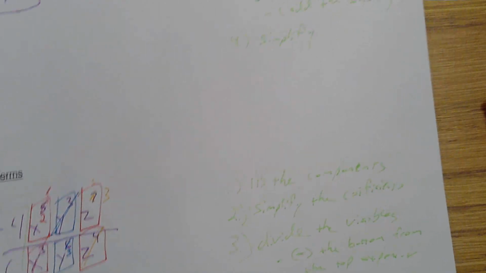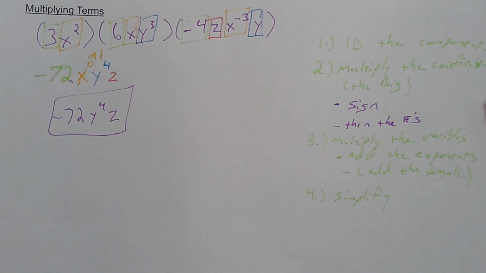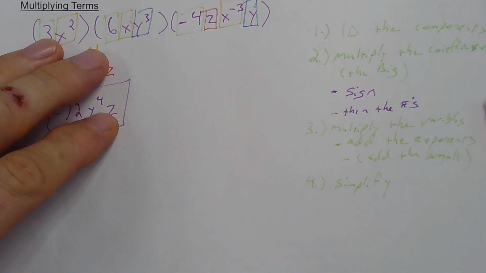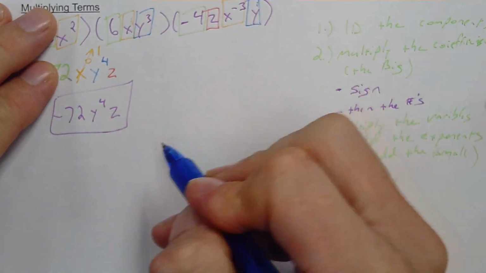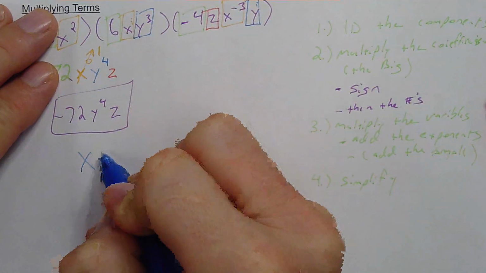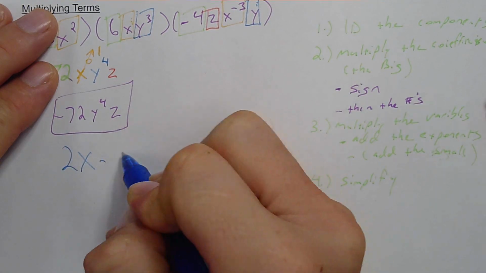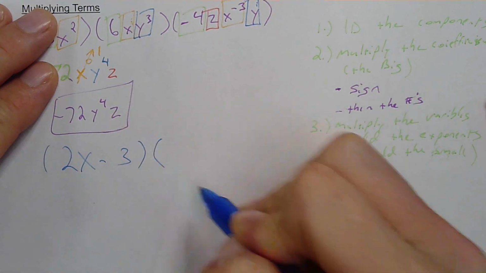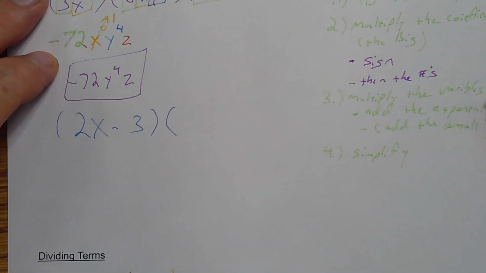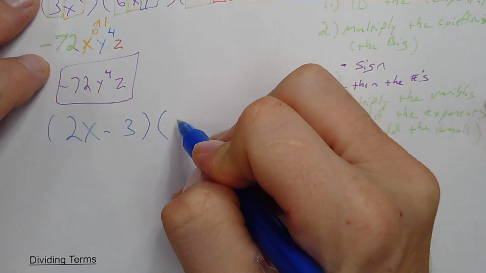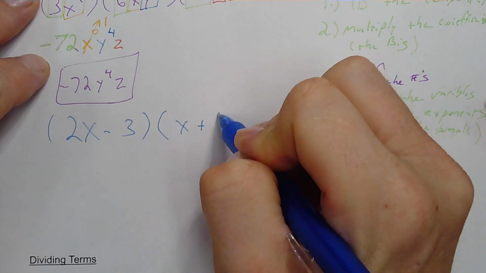Raising to a power. Oh wait, we've got to do multiplying terms first. So say we have a polynomial, two things like 2x minus 3 times x plus 4.